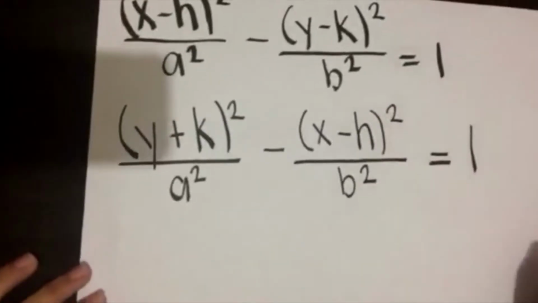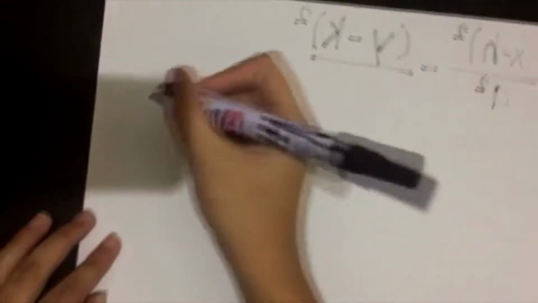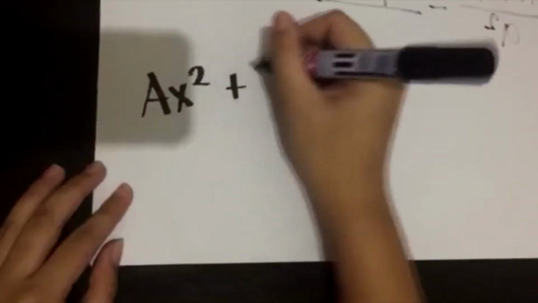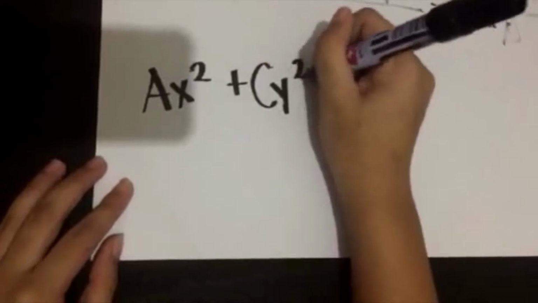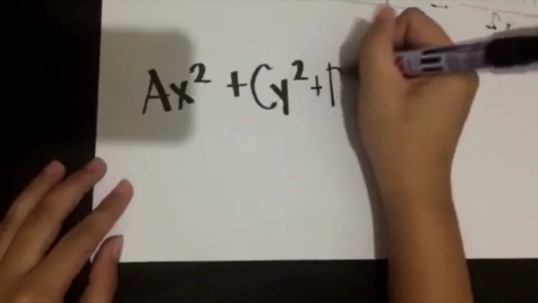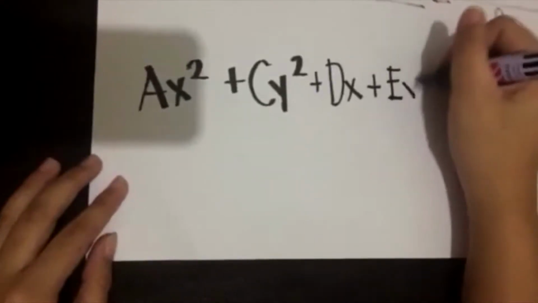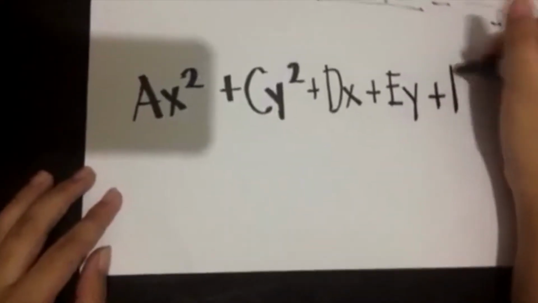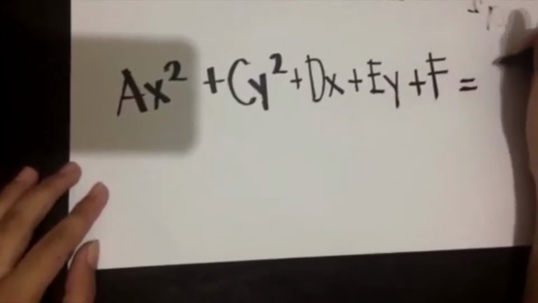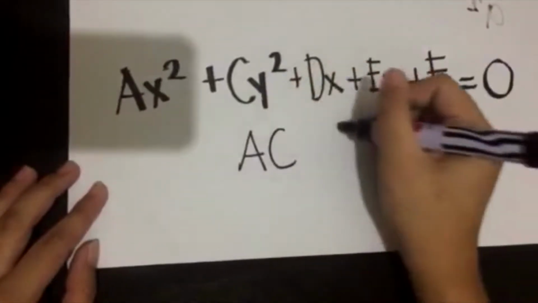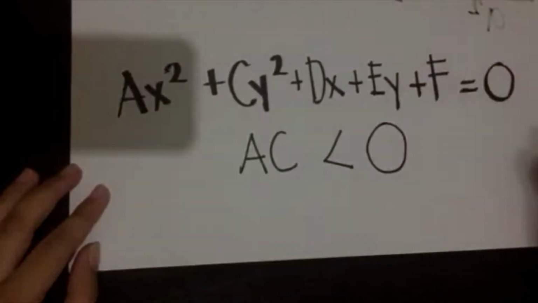This is for the standard form. For the general equation, ax squared plus cy squared plus bx plus ey plus f equals 0, where AC should be less than 0.